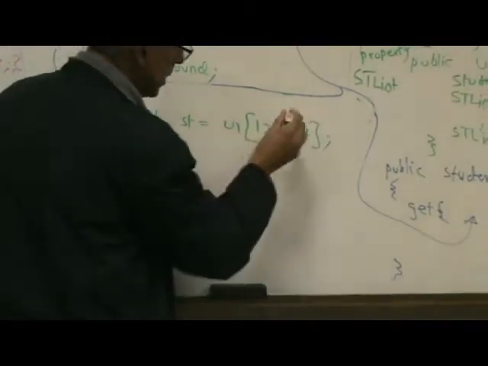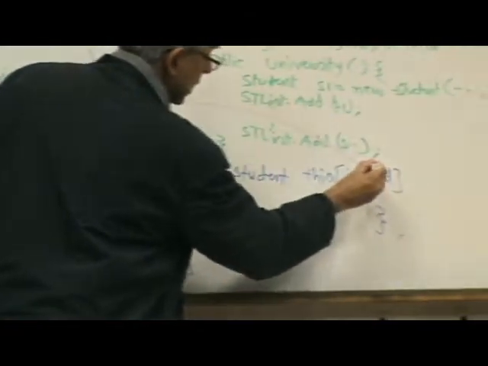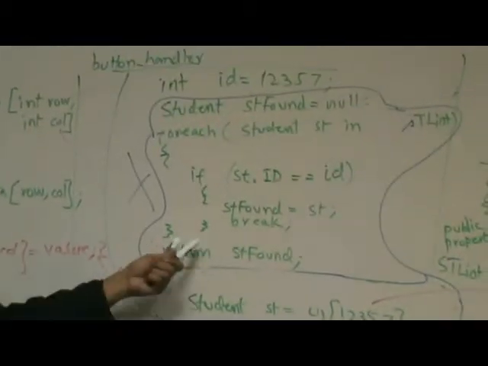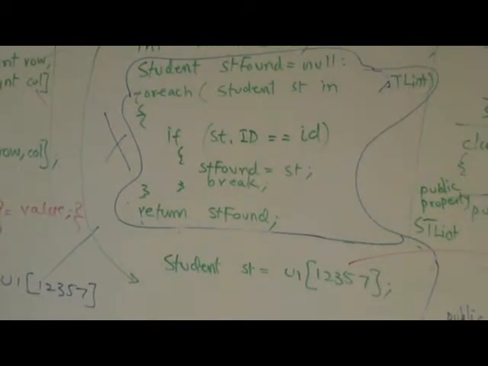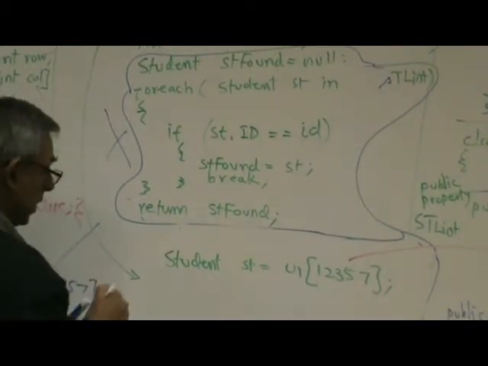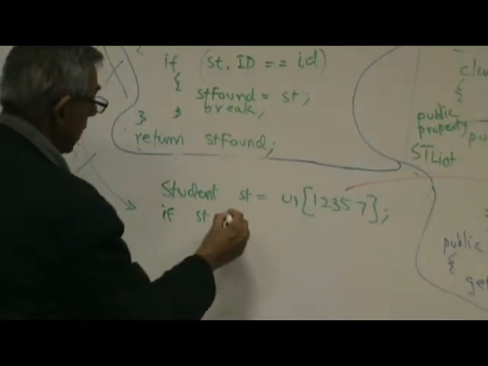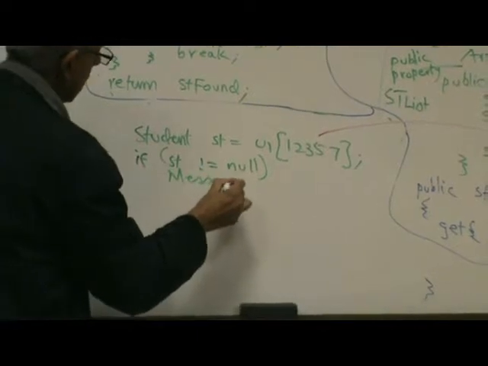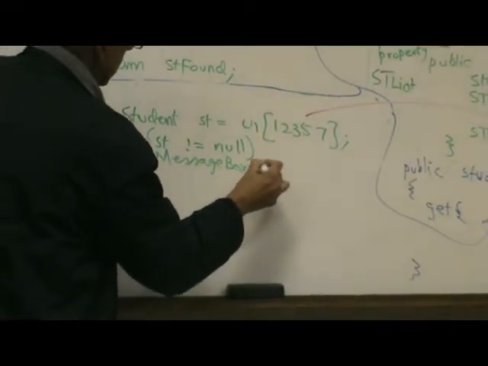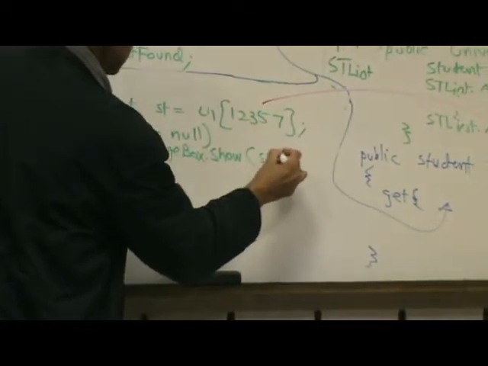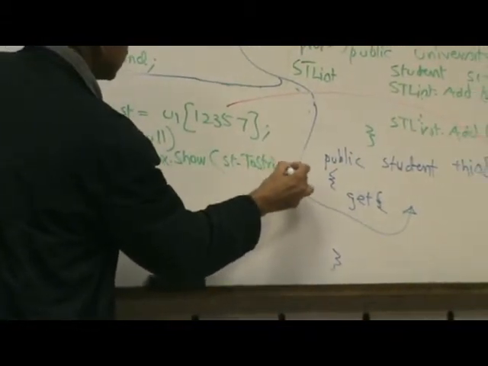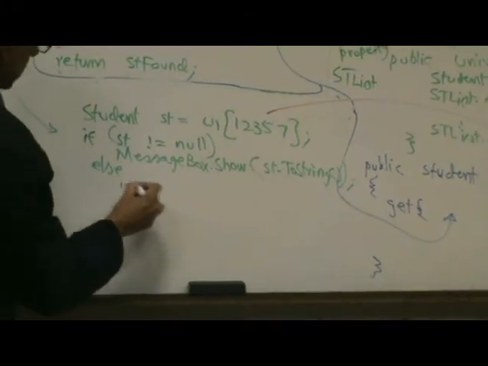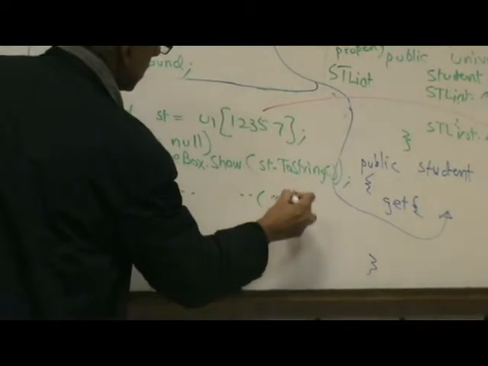So that means this will trigger our indexer and pass it as the ID, right? Which will end up triggering all this code and either will bring us a student or will bring us null. So then all you have to do is simply say if st not equal to null, then MessageBox.Show st.ToString, otherwise not found, right? Yes. Else MessageBox.Show not found.